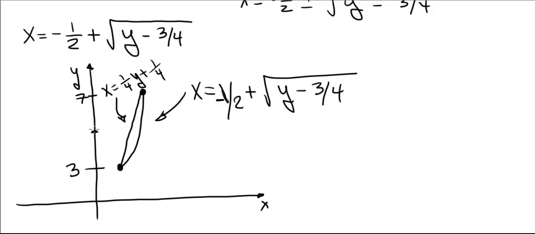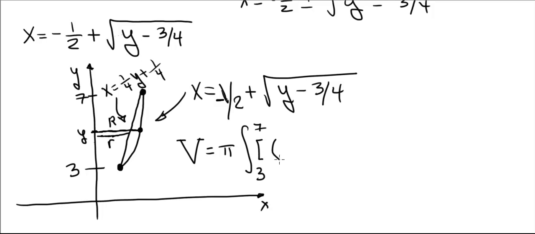So now if this is my y, the big radius would be from here to the parabola. That's big R. And the small radius would be right over here to the line. That's a little r. Therefore, our volume will be pi times the integral. We're taking y's from 3 to 7.